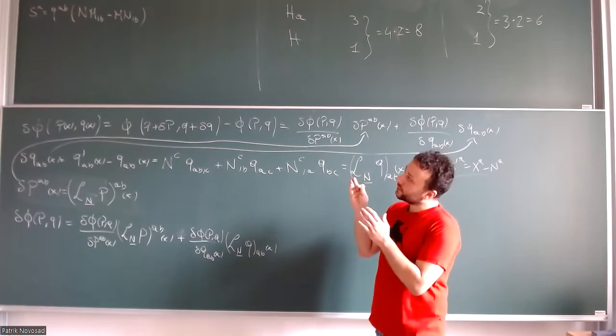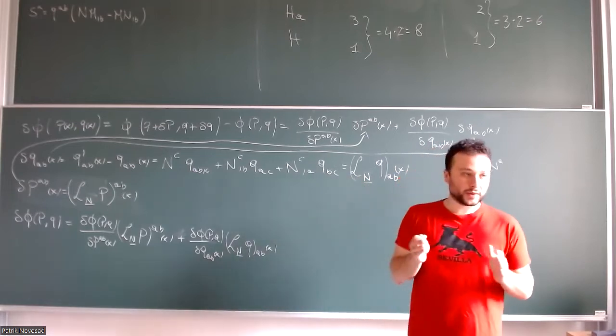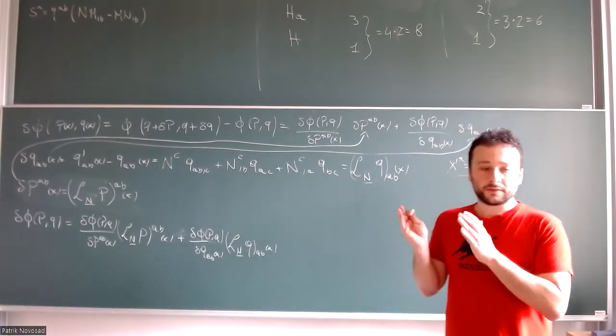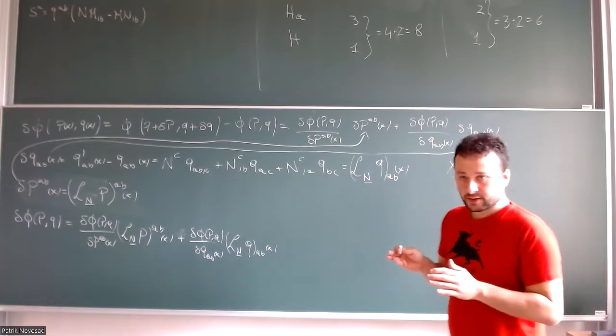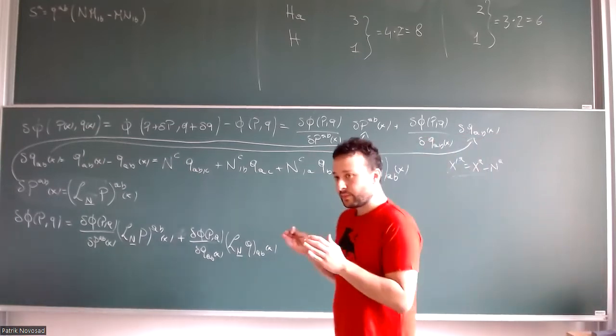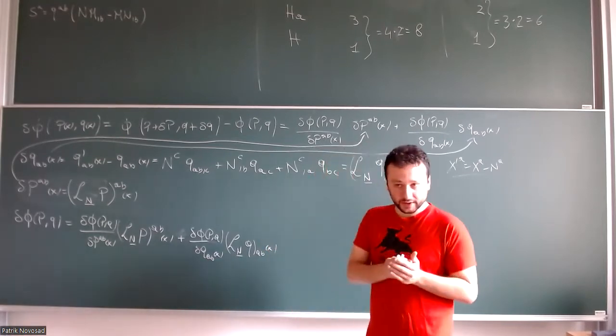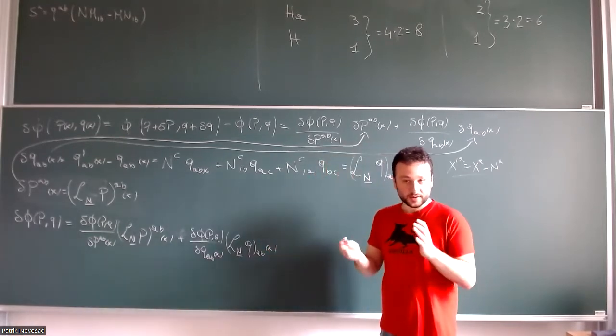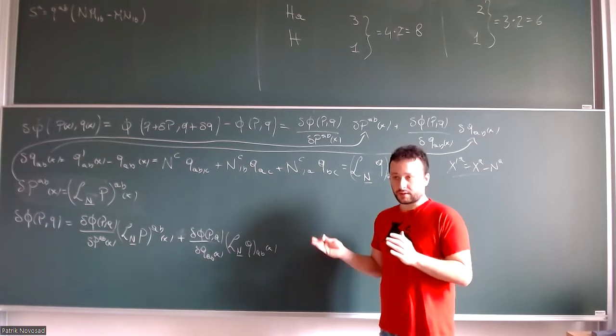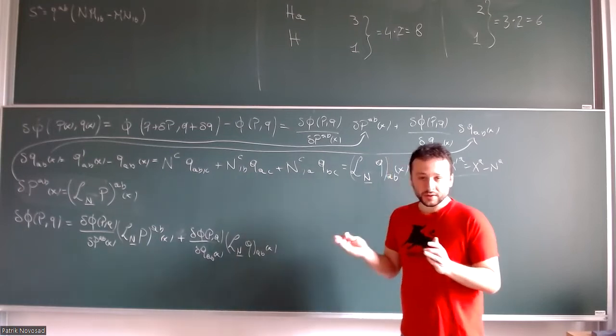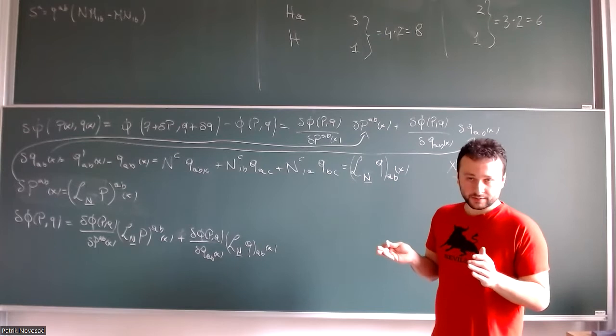The Poisson bracket between two functions on the phase space is equivalent to computing the action of the Hamiltonian vector field associated to a certain Hamiltonian function on another function.